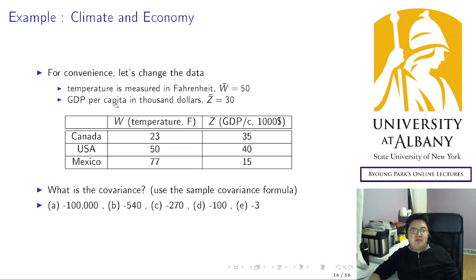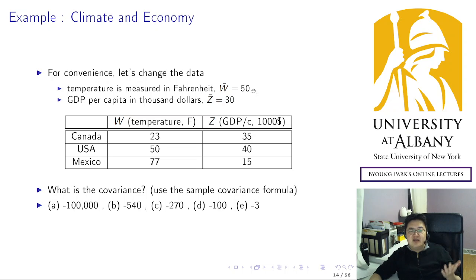GDP per capita can be shortened by deleting 3 zeros, so it is now measured in $1,000, and we are going to relabel those random variables as W and Z. We changed their units, and I kindly calculated their averages for you.